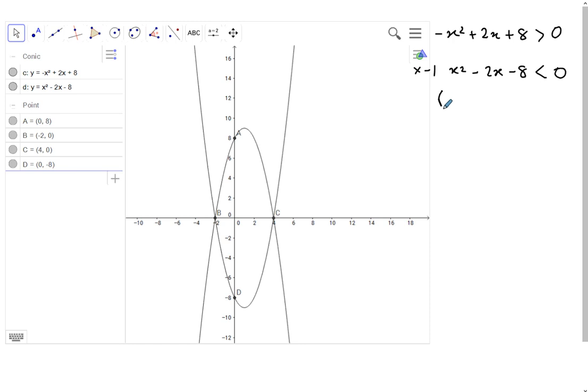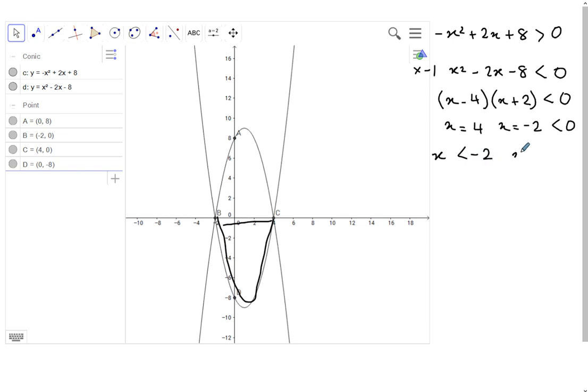And if you factorize it, you've got x minus 4, x plus 2 is less than 0. So x would be 4 or x would be minus 2. And because we're looking for the values where y is less than 0, you can tell we're looking for that part of it. So we're looking for those x values. So x would be less than minus 2, or x would be greater than 4.